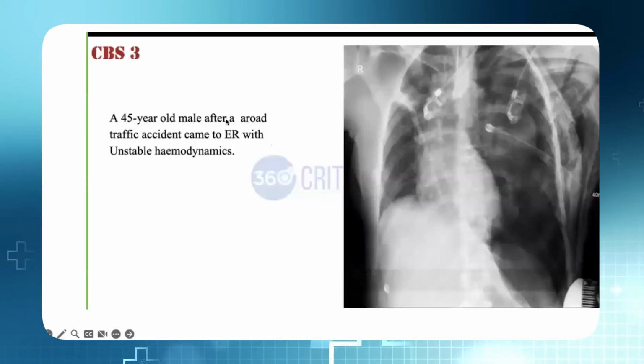Now this is a 45-year-old male who came here after a traffic accident, with unstable hemodynamics. What is happening here? Tension pneumothorax, sir. Tension pneumothorax and what else? Rib fracture. There is an ICD in situ, subcutaneous emphysema.